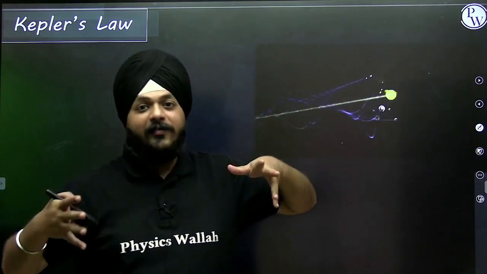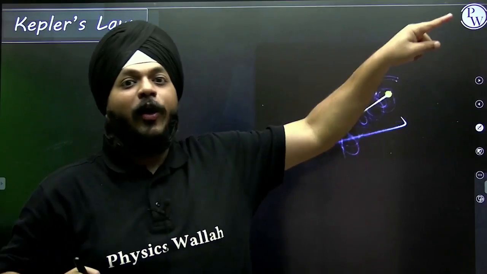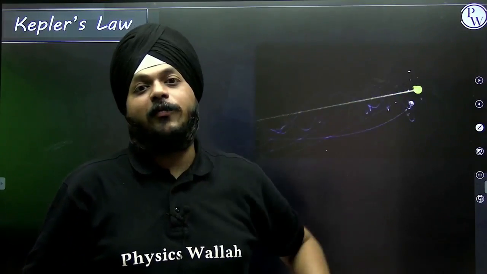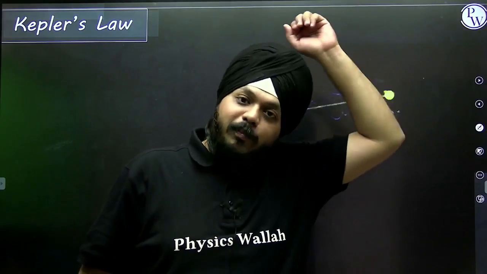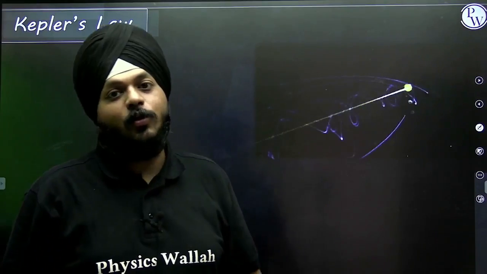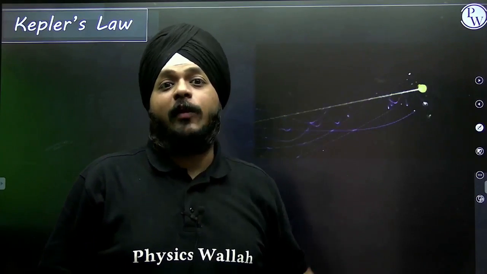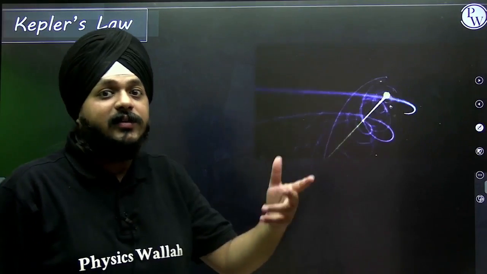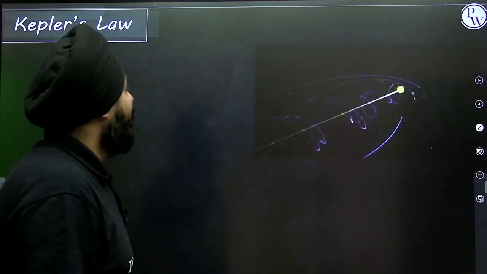But we are not able to identify that path because the point around which the sun is moving is billions and trillions of kilometers away, which we define in millions and billions of light years.